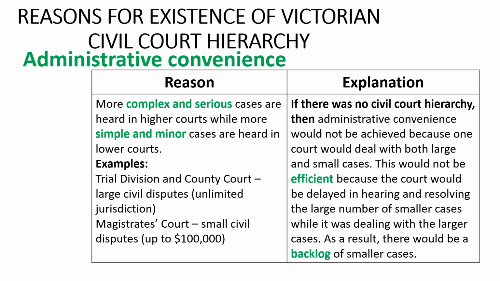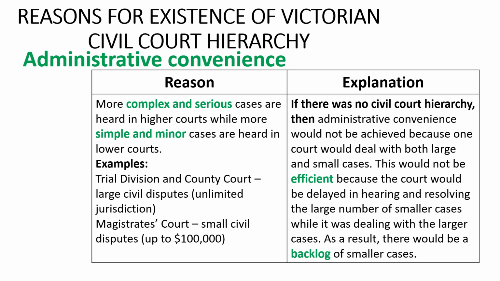This is different from the Victorian criminal court hierarchy, which we looked at in Unit 1. In that case, the curriculum emphasises specialisation and appeals as being the two key reasons for a Victorian criminal court hierarchy. This brings me to an important point that often trips students up. Read the question carefully. If the question is asking about the reasons for a Victorian civil court hierarchy, then make sure that any examples you give relate to the Victorian civil court hierarchy.